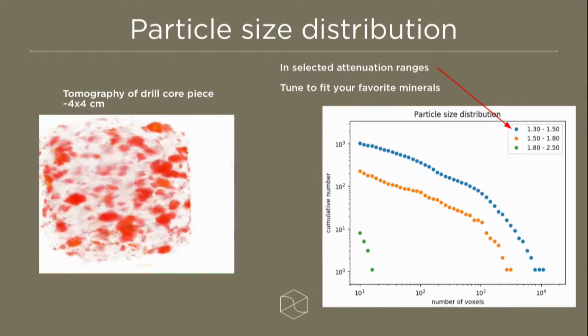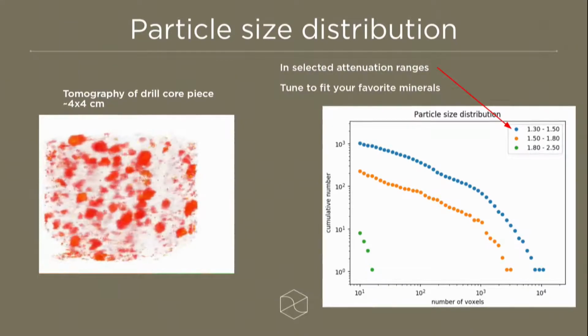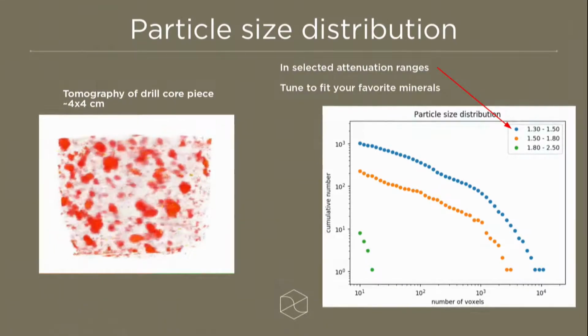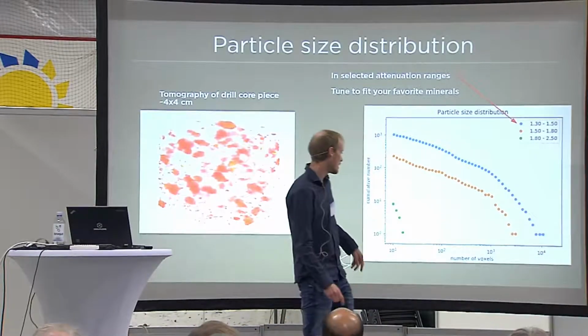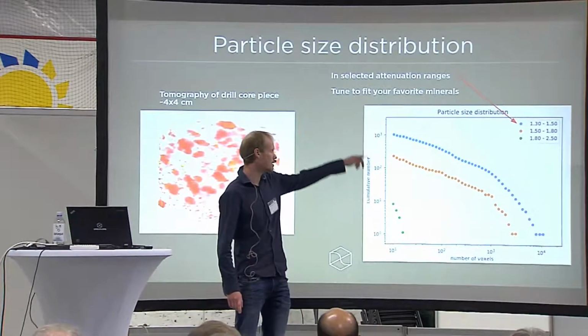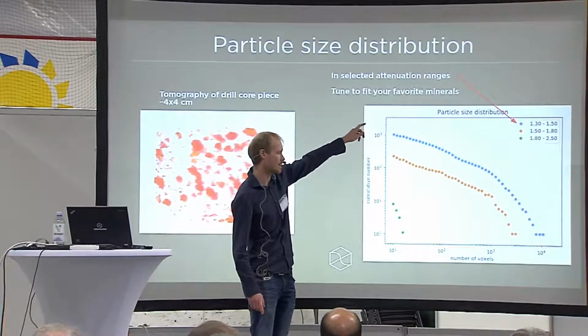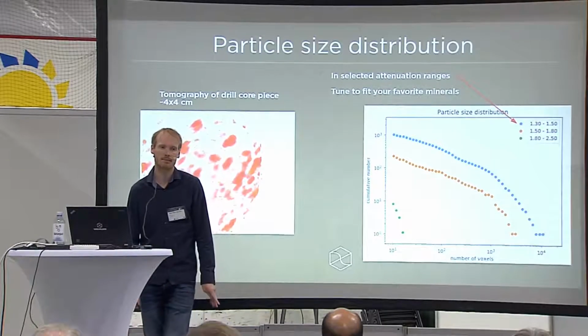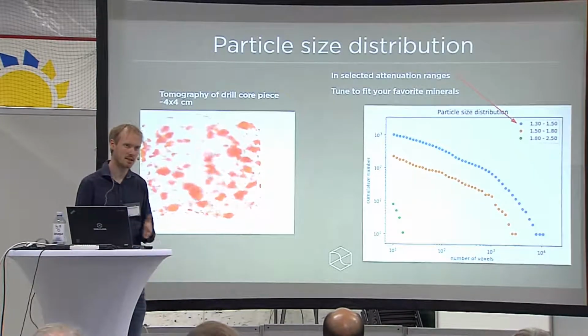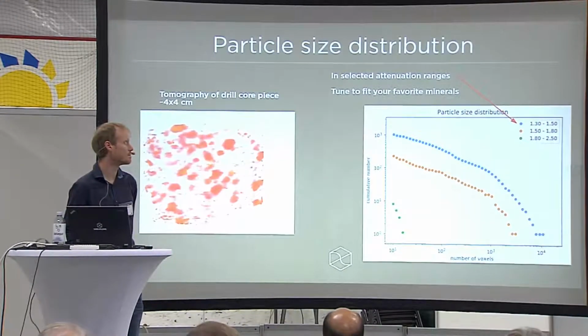On the right-hand side here, I plotted on the x-axis the number of voxels from 10 to 10,000, and the number of particles from 1 to 1,000 up here. The different colored points are just particles in different attenuation ranges.